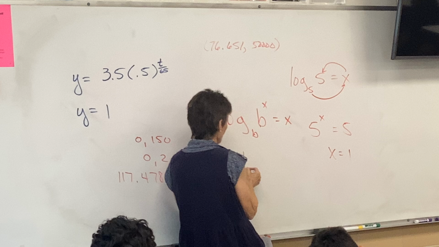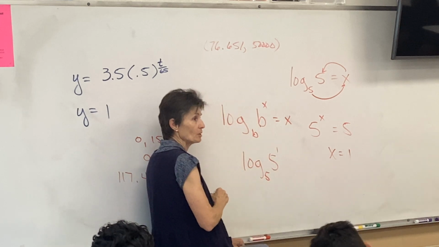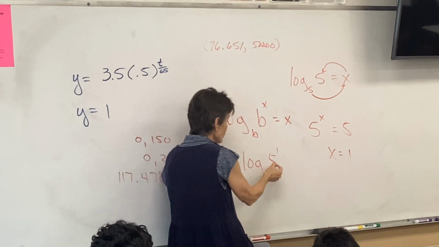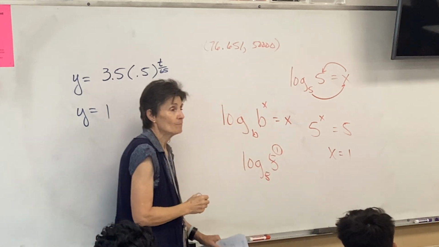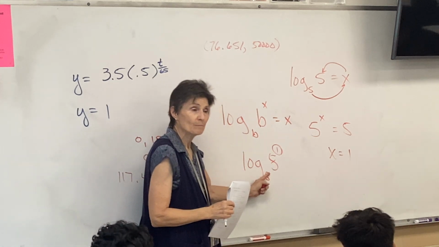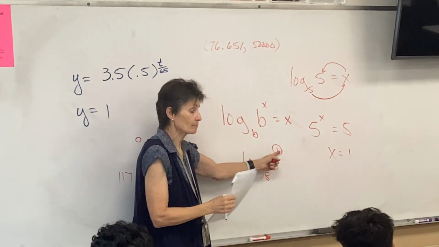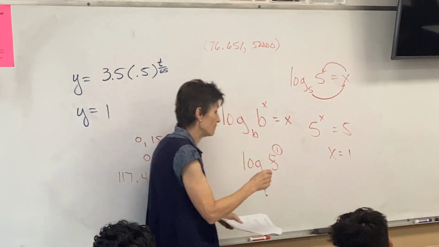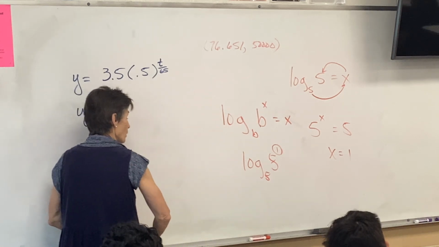If you look at what I had originally, isn't that what I had? These two match, so the answer is 1. Anytime you can make these two match, the answer will be whatever that exponent is. If you want to do it that way for the next one, we'll do it both ways.